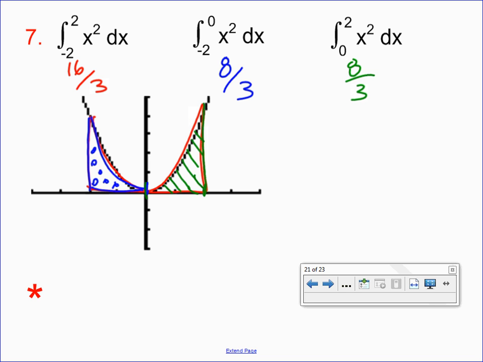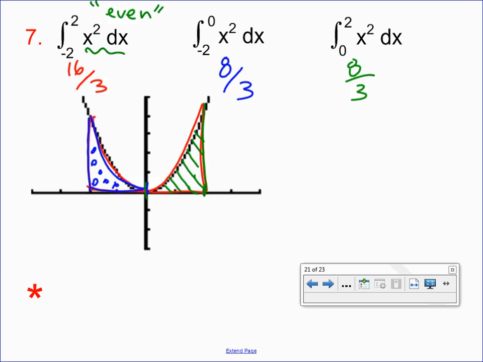Due to the symmetric nature of this even integrand function, the integral from negative a to 0 is exactly the same contribution as from 0 to a. And so to get the overall value from negative a to a, I could simply double either that left portion or the right portion.